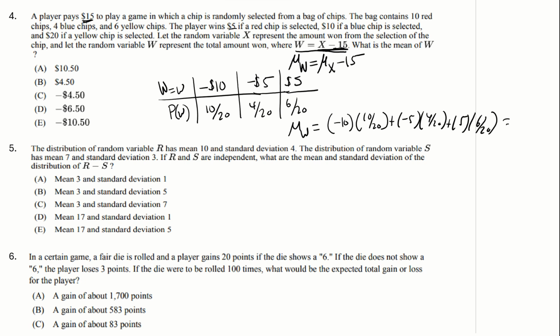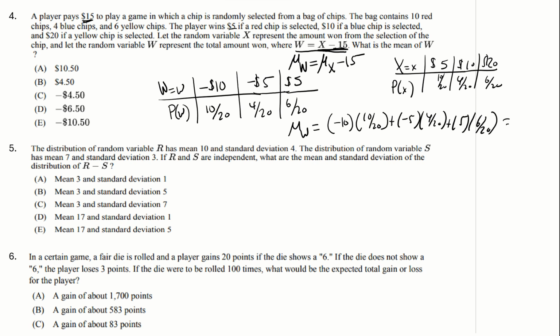So yeah, we could just calculate it here. Again, just to be clear, if I set up as X, this would be $5 if you get red, $10 if you get blue, $20 if you get yellow. With these probabilities, of course, the same probabilities.